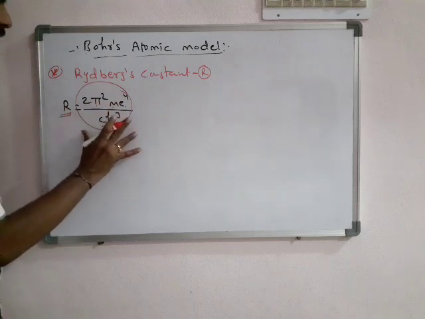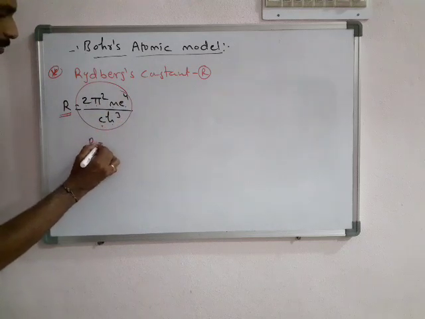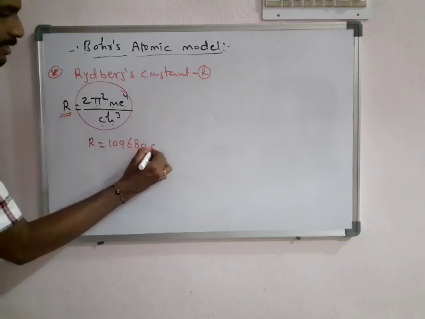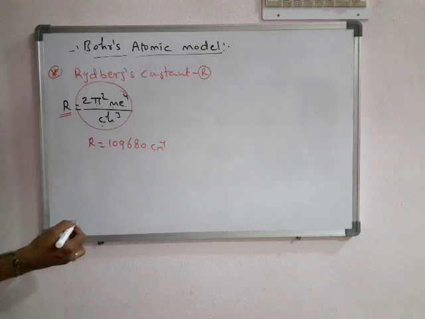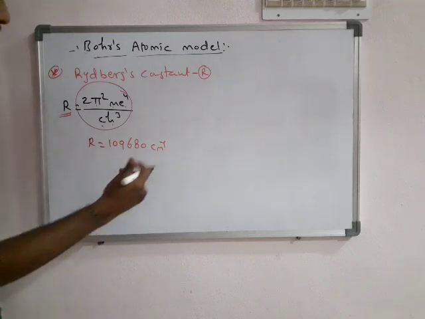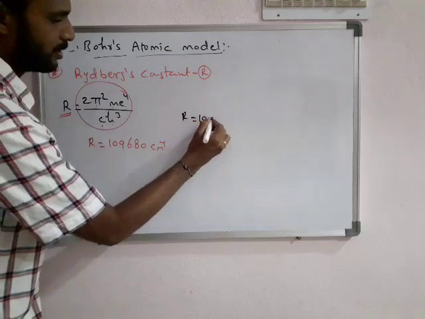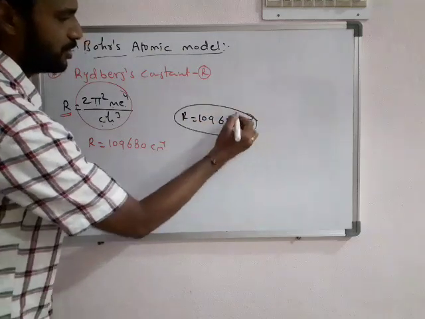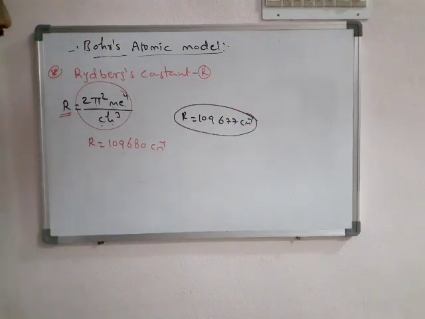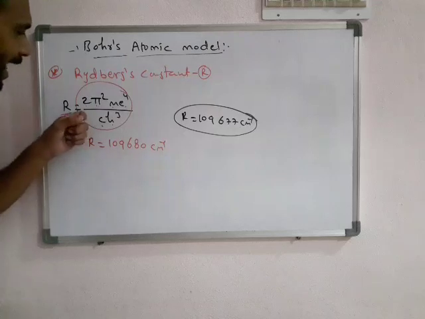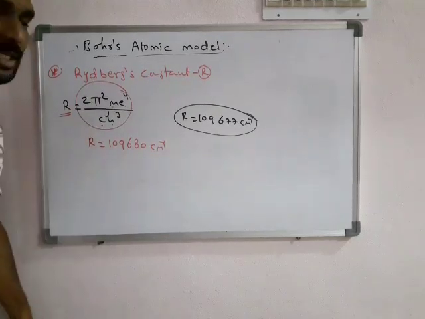By substituting all these values, it is obtained as approximately 109,680 centimeter inverse. But already in the Rydberg equation, we know that R equals 109,677 centimeter inverse. So that was the Rydberg constant given by Rydberg, and this is calculated from the expression given by Niels Bohr.